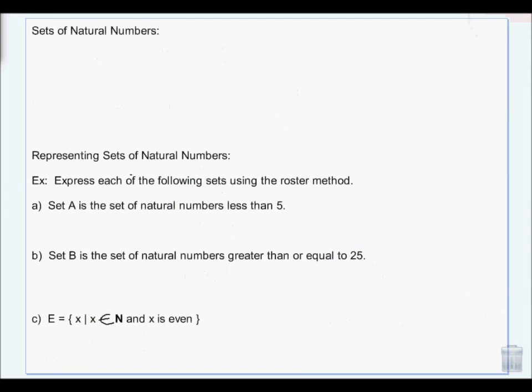All right, so we have the set of natural numbers. These are also known as counting numbers, so those terms are interchangeable.